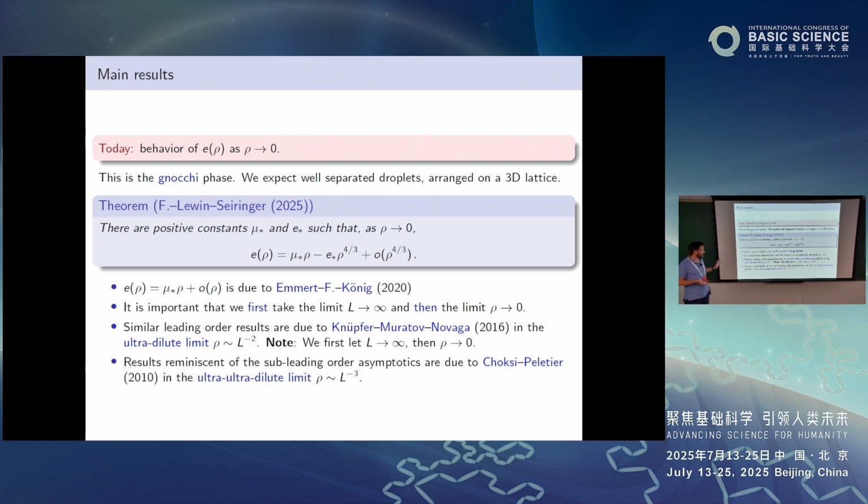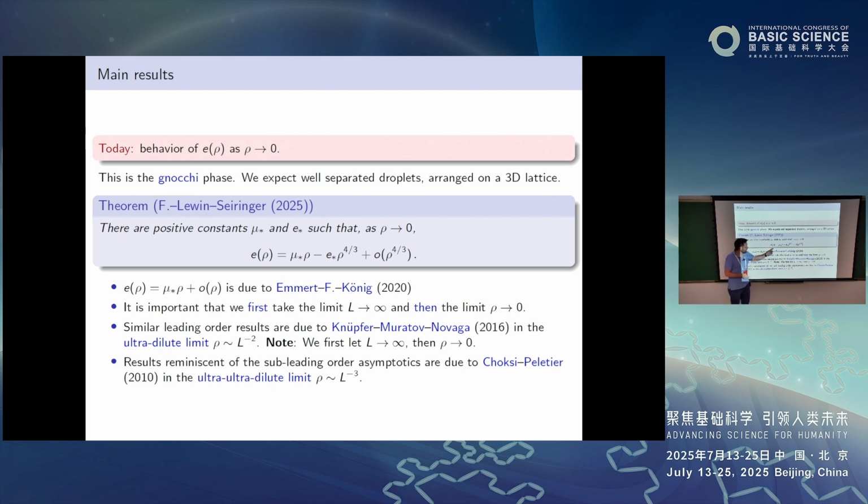There have been results before where rho was coupled to L, and where people got the first term. And if you're very, very dilute, so that there are only 3 or 5 nuclei in the universe, then they got something that resembles that term. This was due to Choksi-Peletier and Knüpfer-Muratov-Novaga.